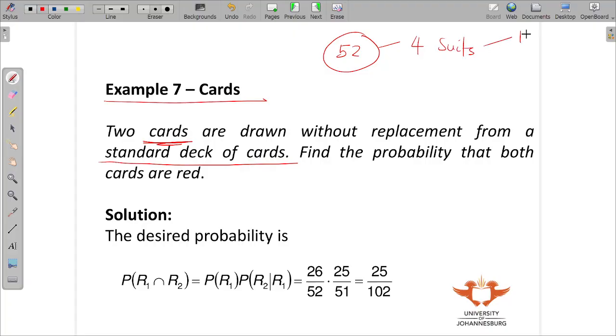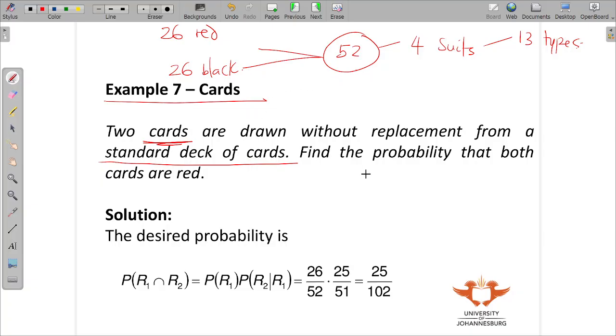Each of these 4 suits is made up of 13 types. But from these 52 also we have 26 red and 26 black.